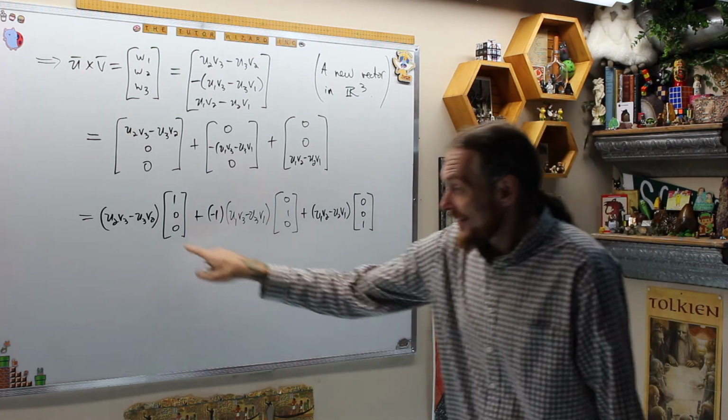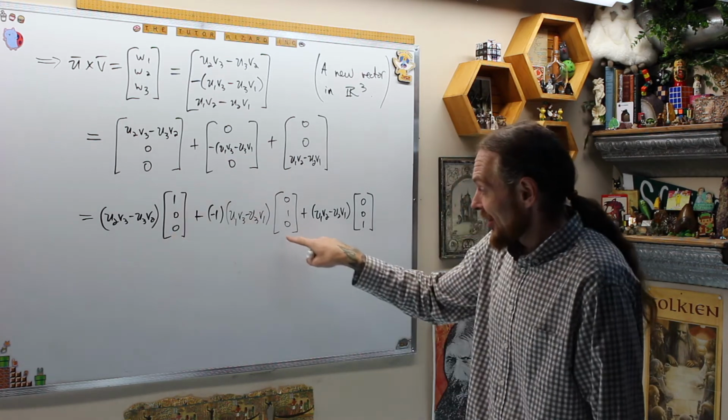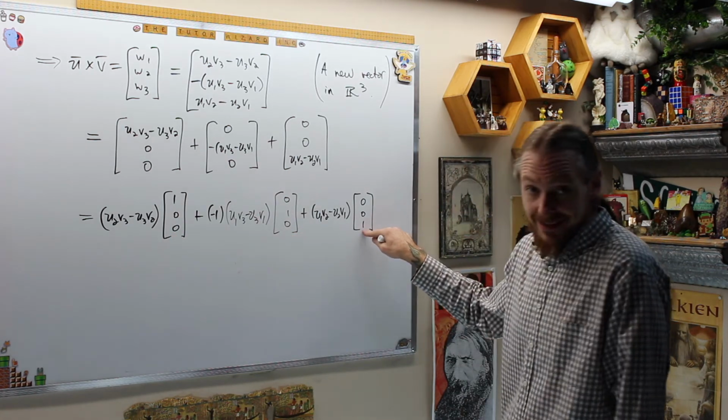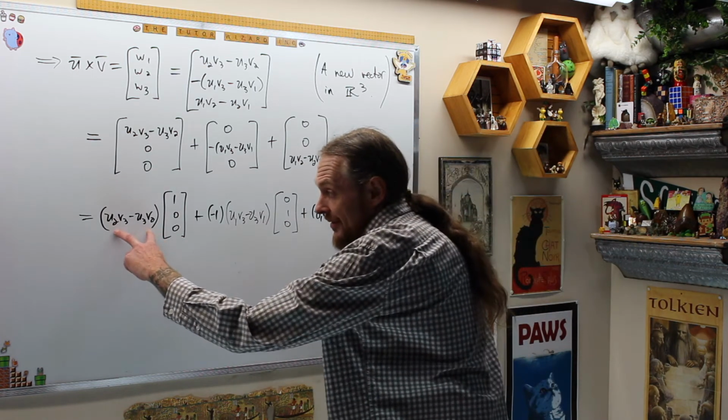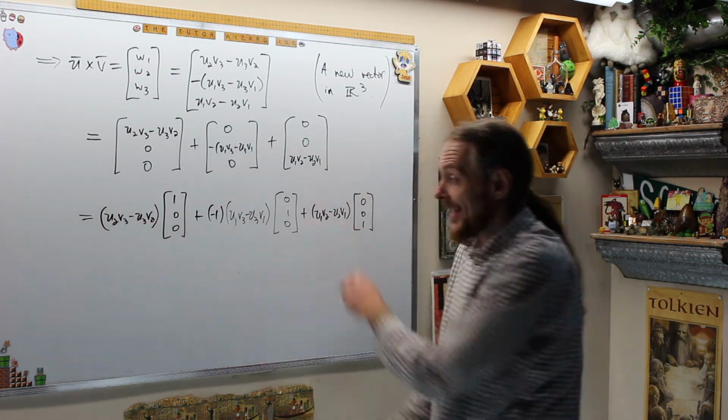Now we'll do two moves. This vector is called I, this vector is J, and this vector is K, and then you need to see what these are. These are 2x2 determinants, AD minus BC.